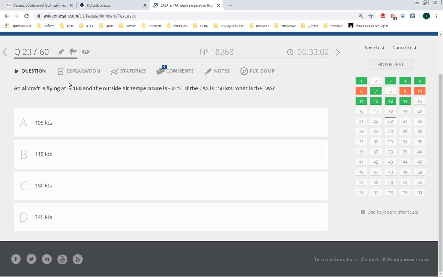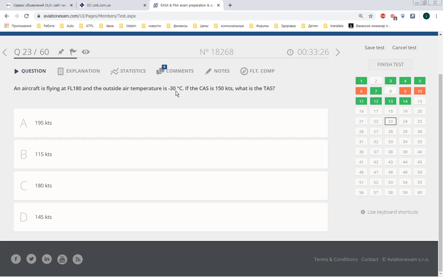If we see flight level here, it means we're on pressure altitude with the standard pressure setting, which is 1013 on your altimeter. So this is our pressure altitude, 180.